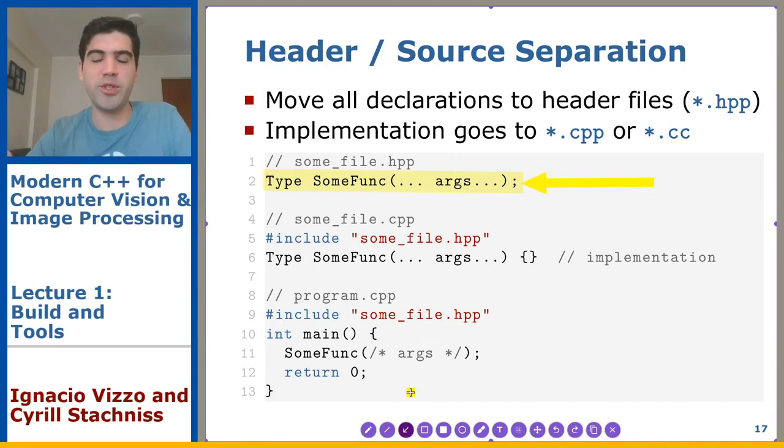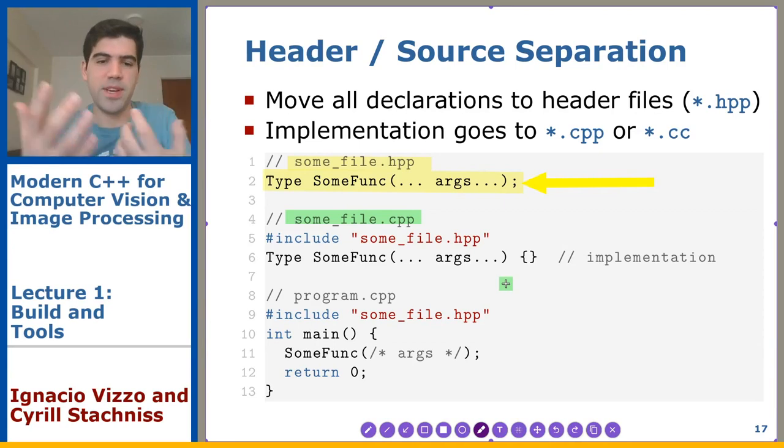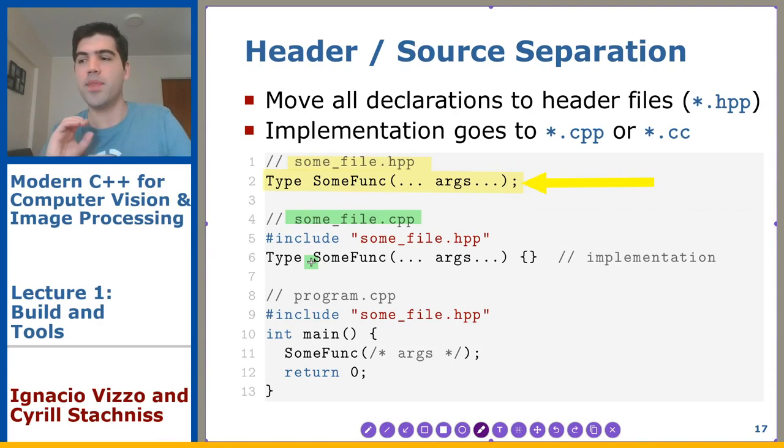Then of course you need to write the implementation of this function in some other file. So this is the header file, called some file hpp, and this is the implementation for this function. You need to retype the prototype, so you tell the compiler, here's the implementation, and then you put the details.